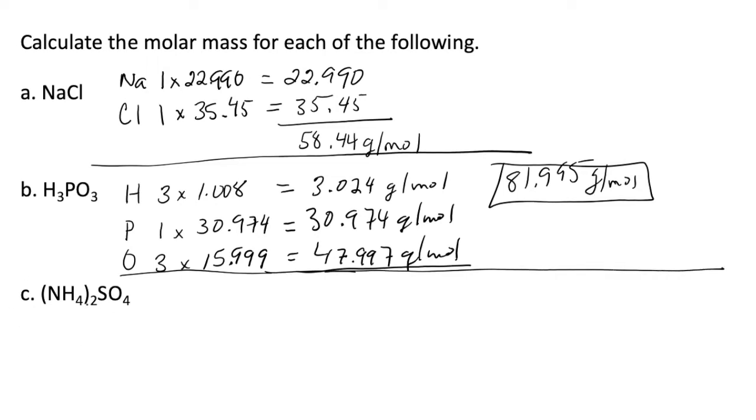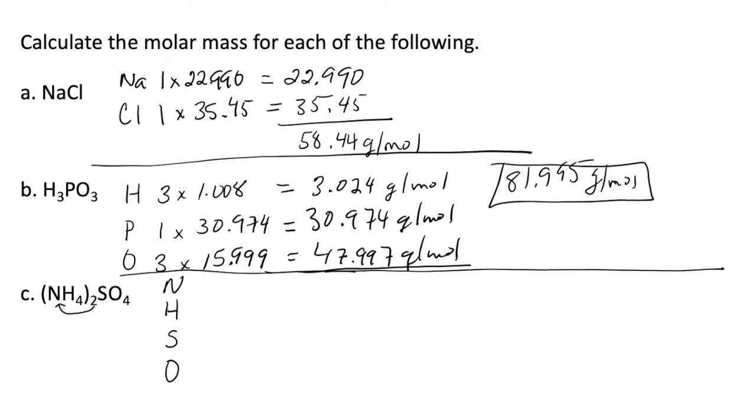Now, the next one, first, I'm going to just go ahead and tally all of the elements that I have here. I have nitrogen, hydrogen, sulfur, and oxygen. So to determine how many nitrogens I have in this compound, I need to distribute what's outside of the ammonium polyatomic ion to each element inside.